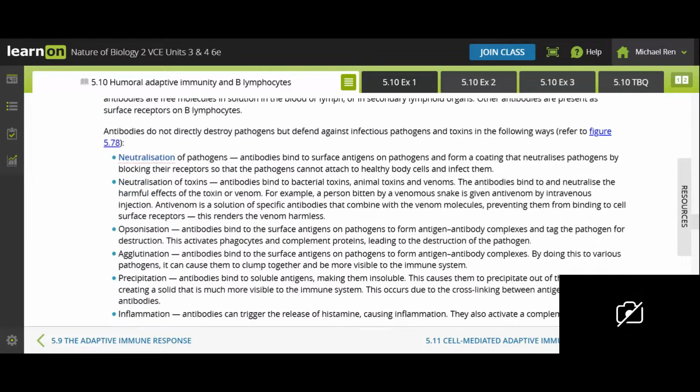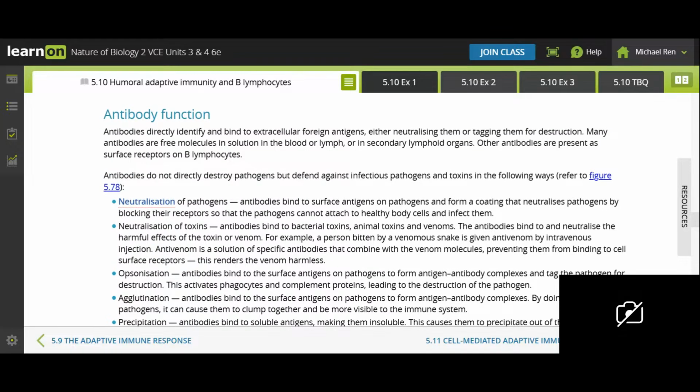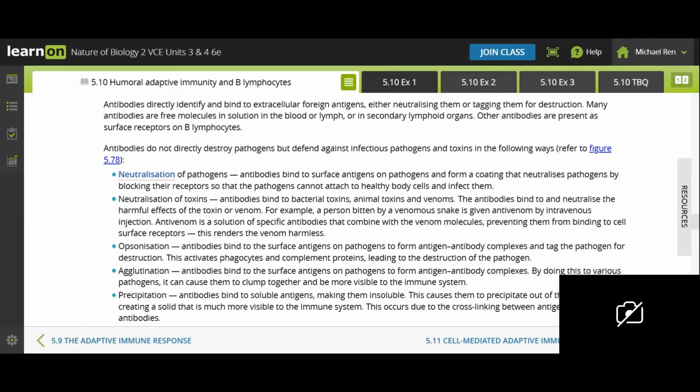Precipitation and agglutination are basically the same thing. Precipitation is the antibodies binding to soluble antigens, making them insoluble, causing them to clump together and making the pathogen more recognizable to the immune system. Agglutination is when the antibodies bind to the surface of antigens, creating antigen-antibody complexes.